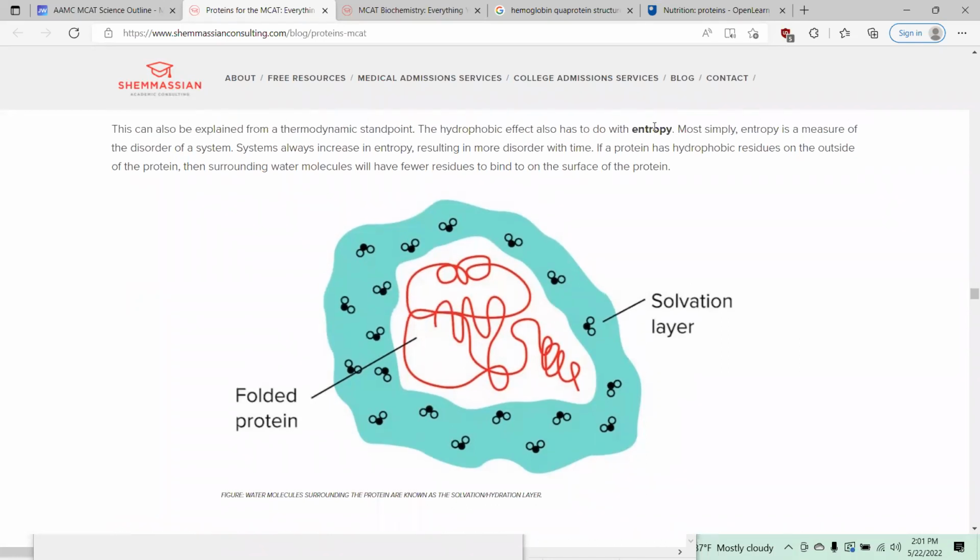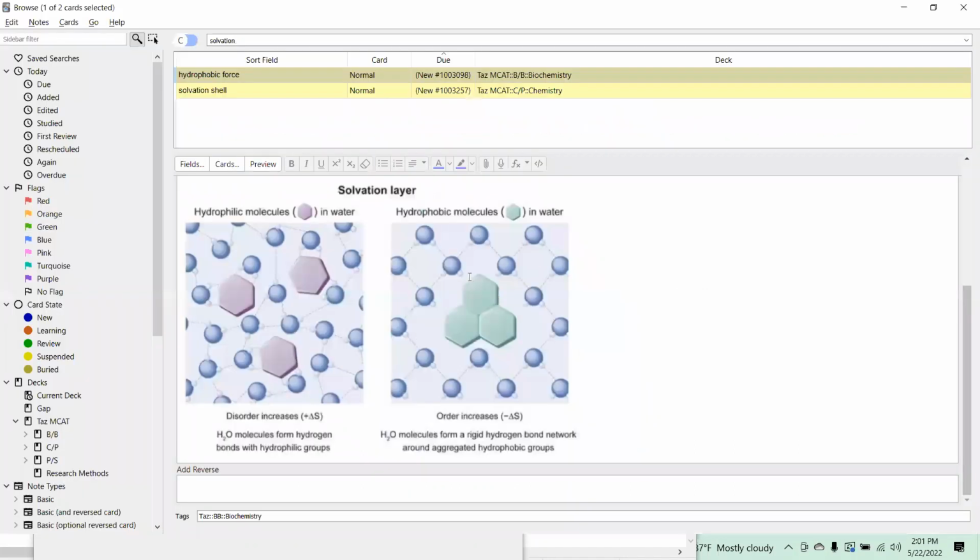So that is the entropic explanation for why this happens. Because if it's set up with hydrophilic on the outside, it gives the water molecules the most disorder, the most freedom to move around and be in whatever orientation they want.